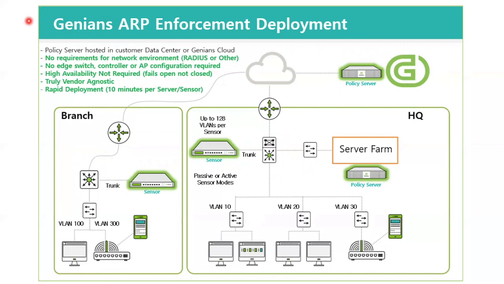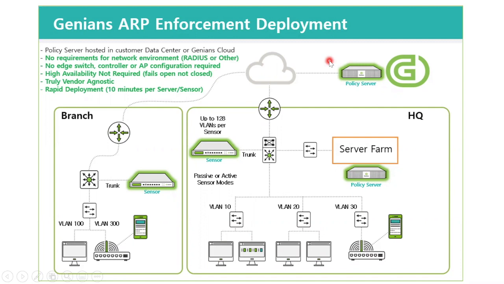So what we're doing is we're looking at all those very common architectures, and we're going to contrast those with the Genians ARP enforcement architecture, which uses network sensor technology. Some of the things that I like about this architecture, having deployed many of the other architectures in the past, is the fact that you don't have all the requirements that you had before. You have a policy server that can be physical or virtual on-prem.